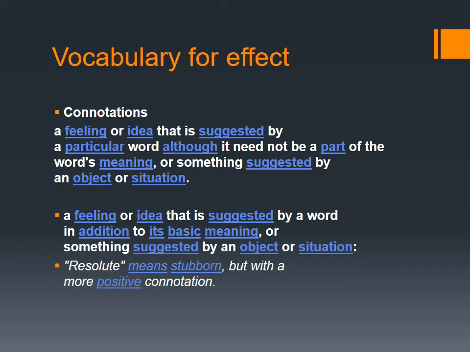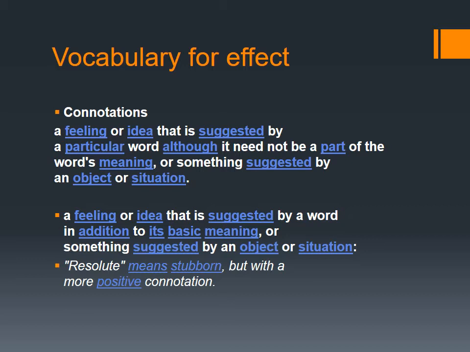So, why do we have connotations? Let's see why we are using connotations. First of all, let me get this straight. What are connotations? A feeling or idea that is suggested by a particular word, although it need not be a part of the word's meaning, or something suggested by an object or situation.